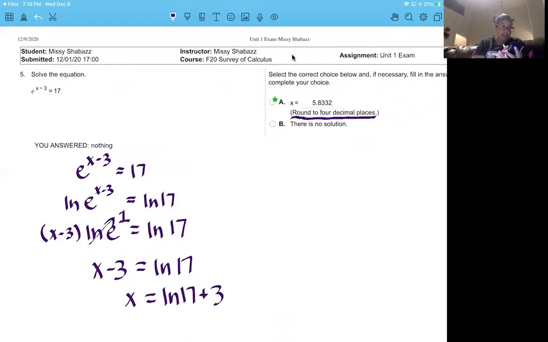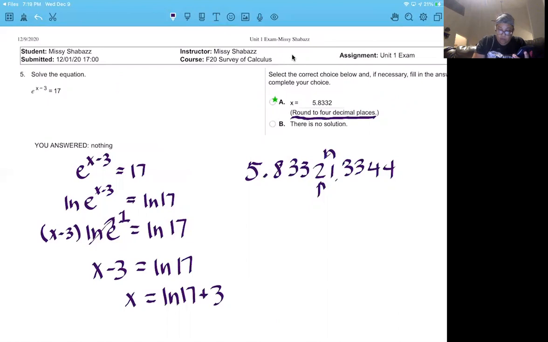So when I put natural log of 17 plus 3 into my calculator, I get 5.8332133344.